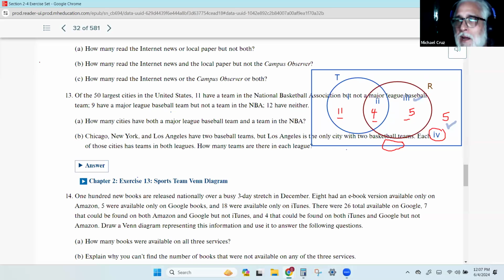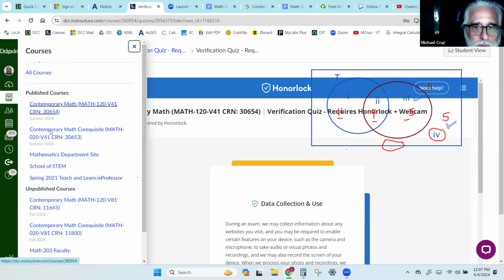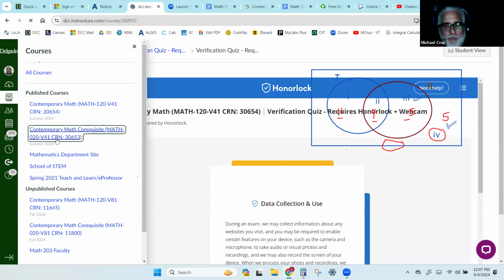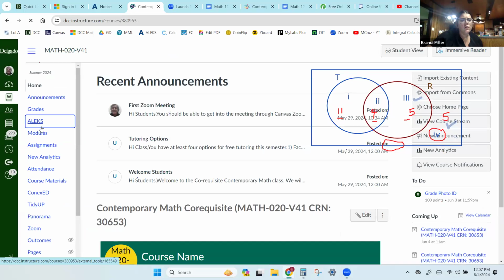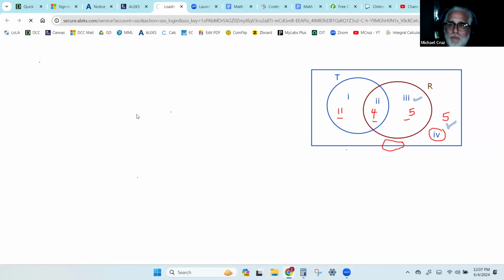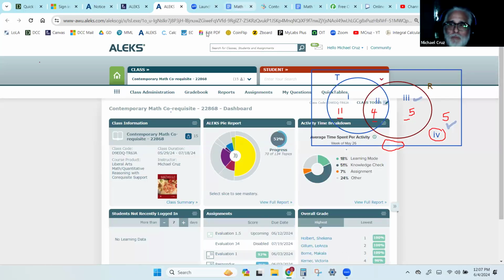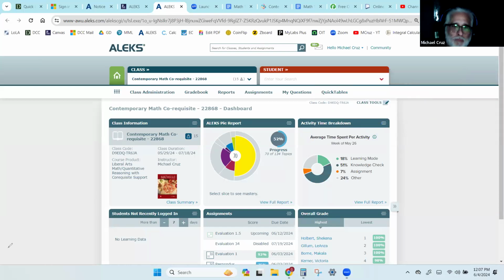You can access that through the 020. If you go over here and you go into Alex, I know yours looks slightly different, but somewhere there must be a way to access it.